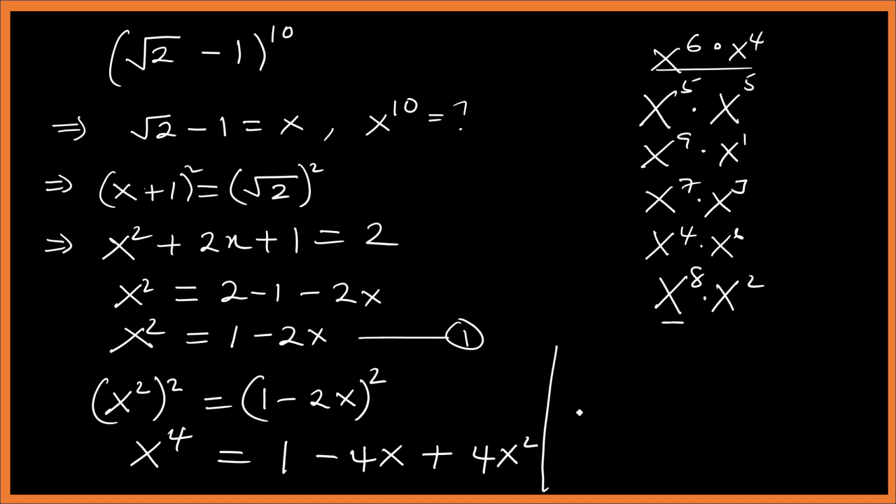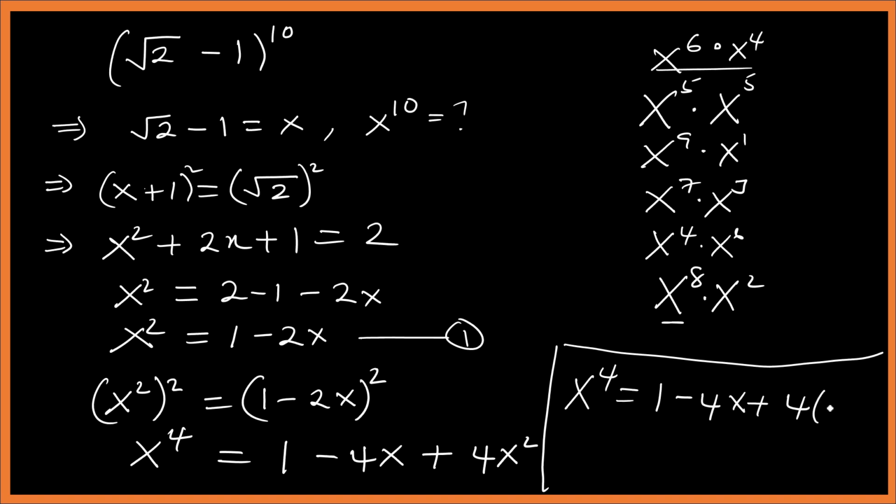But we have x squared here as 1 minus 2x, so we can do substitution. So x to the power 4 is the same as 1 minus 4x plus 4 times (1 minus 2x), so we have 1 minus 4x plus 4 minus 8x.